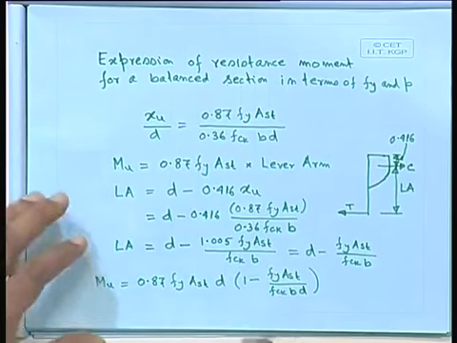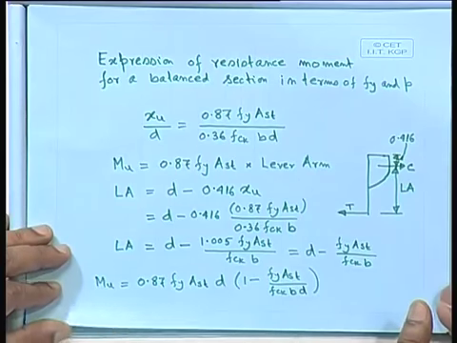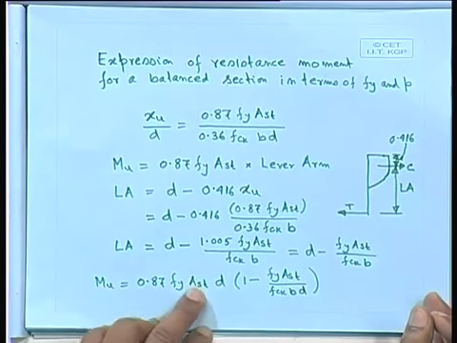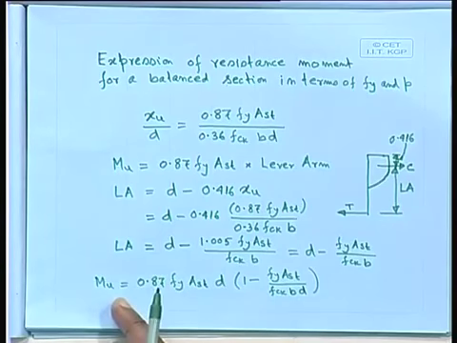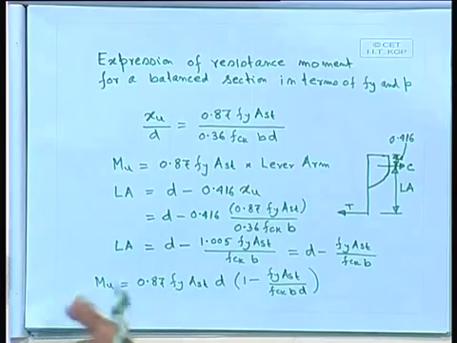Mu, that is the moment of resistance, for a section having area of steel Ast, we can get from this formula.